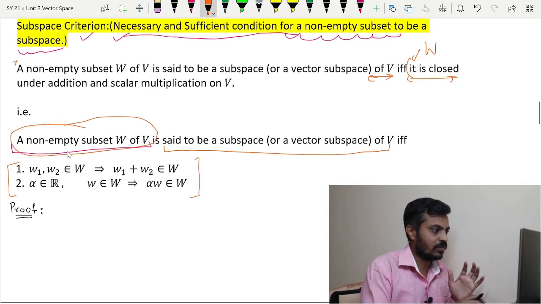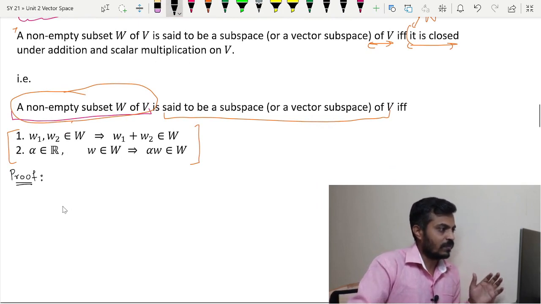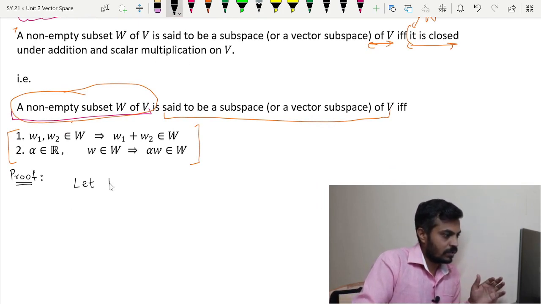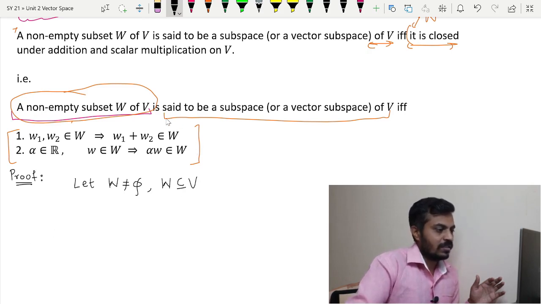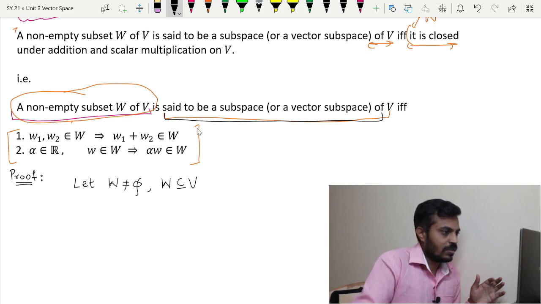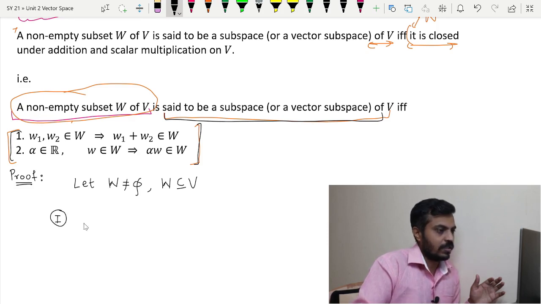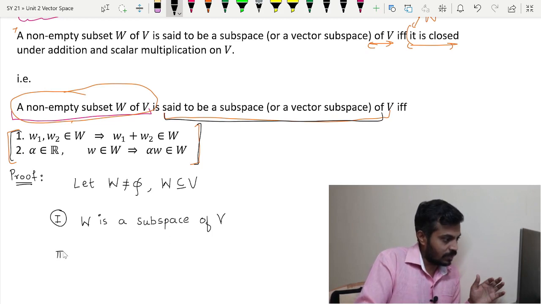So first of all we will write down the given things. That is nothing but, let W be non-empty, and another thing that is given to us is W is a subset of V. Now let me write these two statements. What is our first statement? Our first statement is W is a subspace of V, and our second statement is W is closed under addition and scalar multiplication.